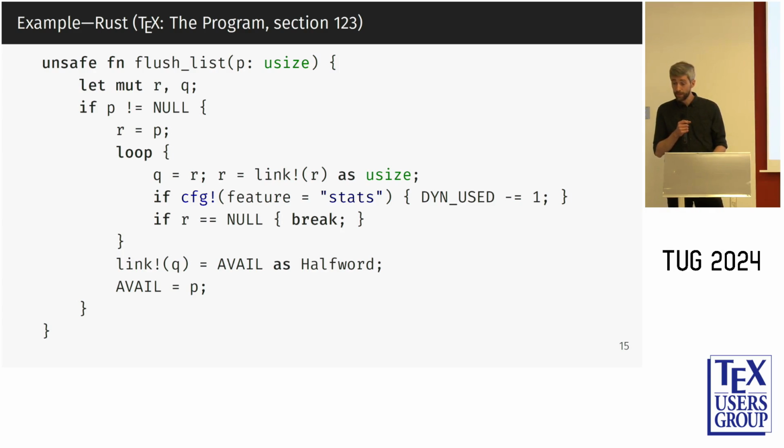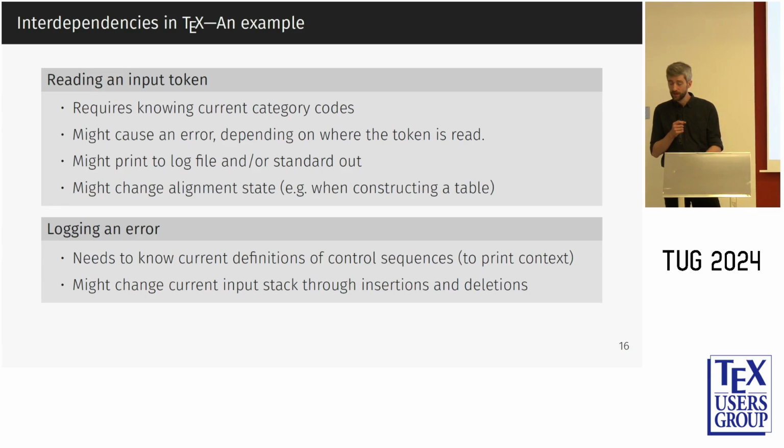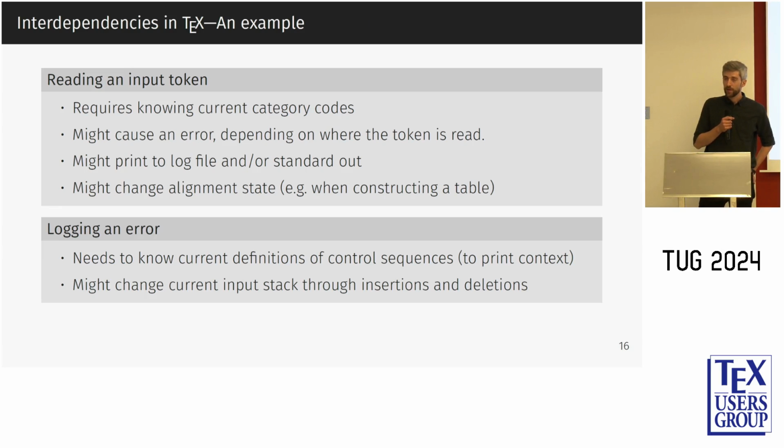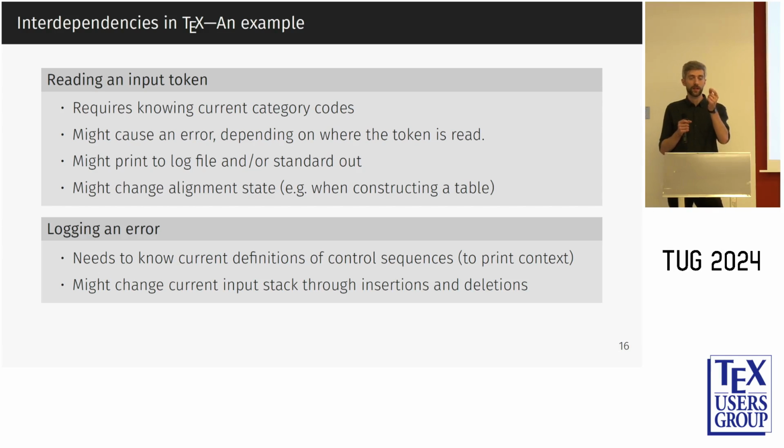As an example of interdependencies of these different parts of TeX, when you read an input token, which is in some sense the first step that a program does, right? It starts with a line in a file, and it tries to understand the first token. One thing it needs to know is what the current category codes are. Are we dealing with a single letter? Do we start with a control sequence?